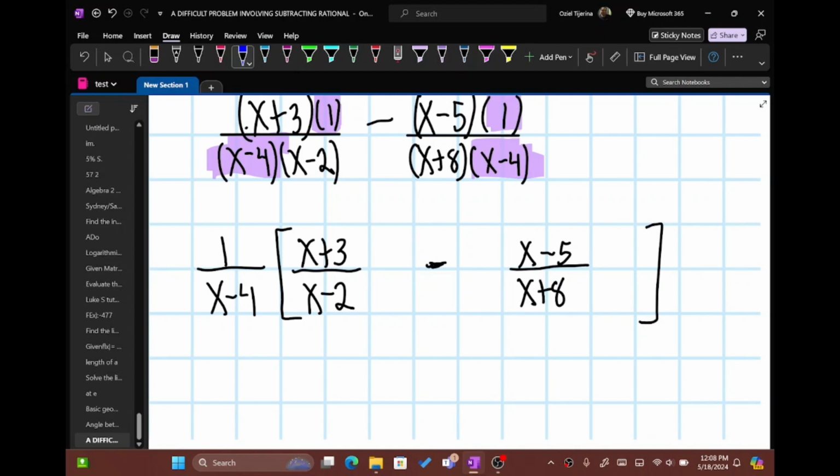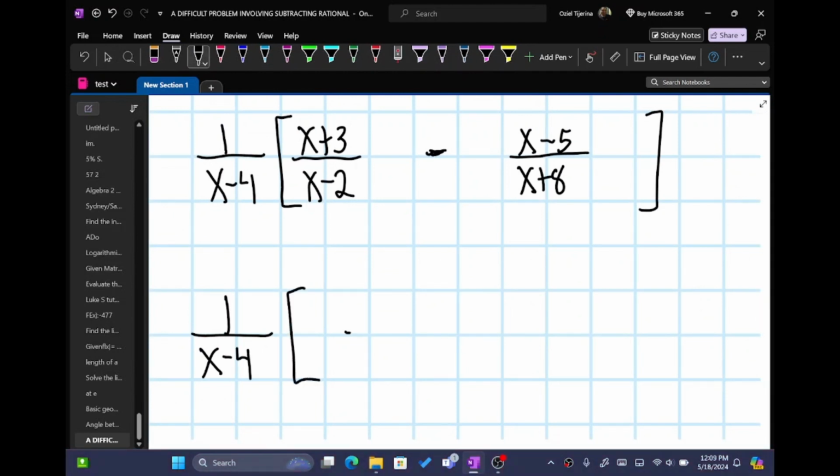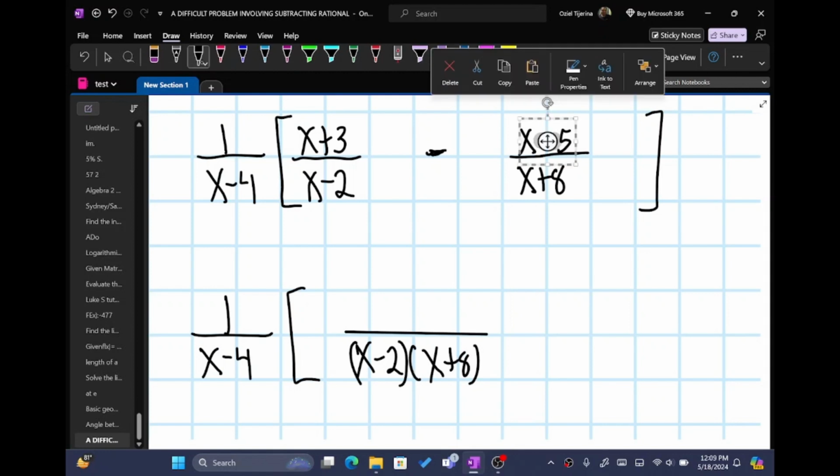So our common denominator, I just want to make very clear, I'm going to keep the 1 over x minus 4 here, but the common denominator has to be x minus 2 times x plus 8, because there is no other way. There's no other common denominator that we can get. I mean, how am I going to go from x minus 2 to x plus 8 by multiplying or dividing? That's not possible, right?